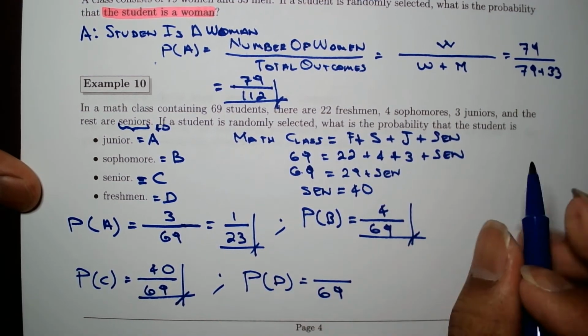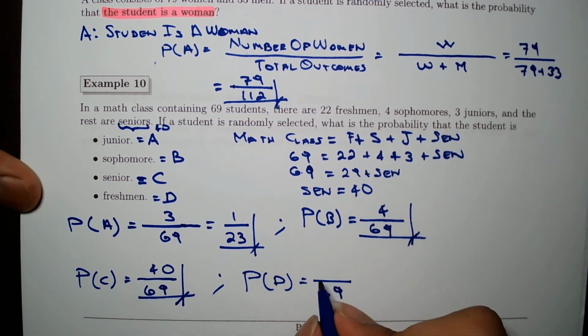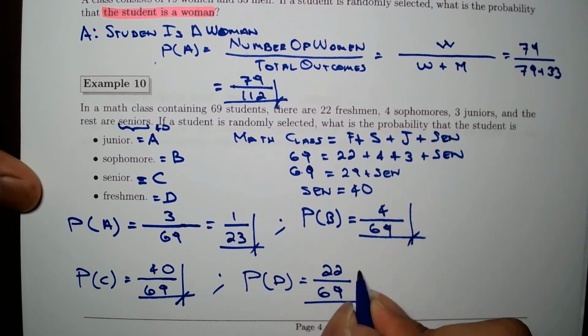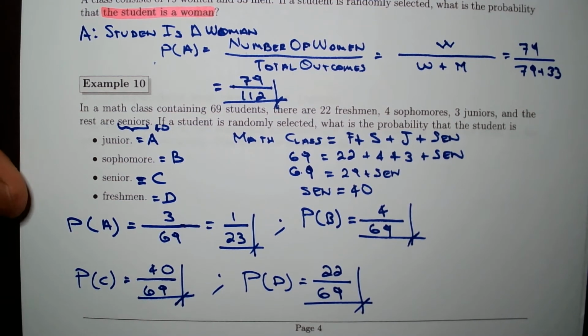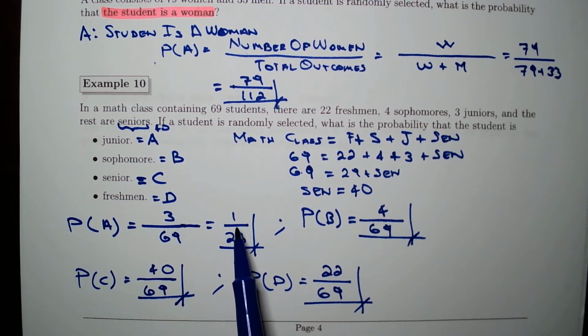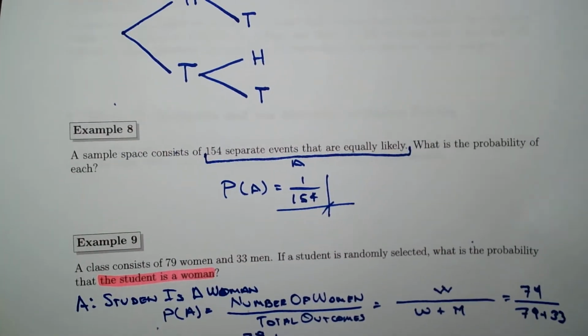We are going to have how many freshmen? 22. And this one cannot be simplified any further. Just leave it like that. Again, of course, if you want to use your calculator to figure out these results in decimals, of course, go ahead. Let's move on to the next page, see what do we have.